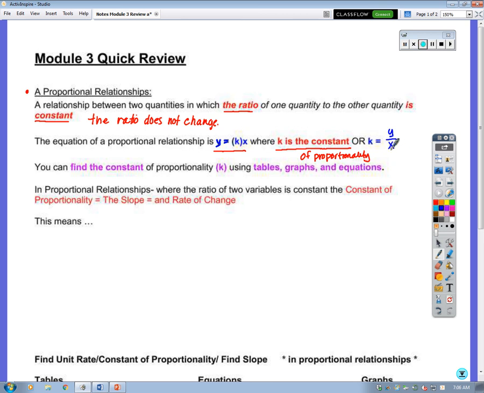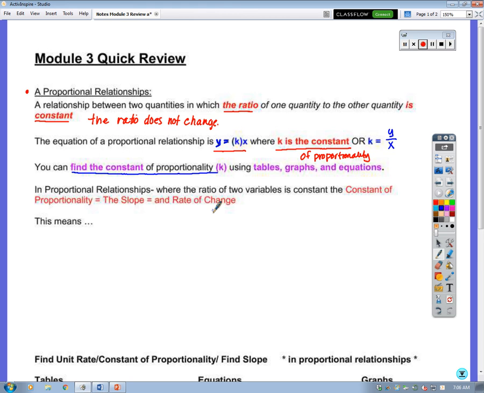You can find the constant of proportionality, k, by using tables, graphs, and equations. In proportional relationships, where the ratio of two variables is constant, the constant of proportionality is equal to the slope is equal to the rate of change.